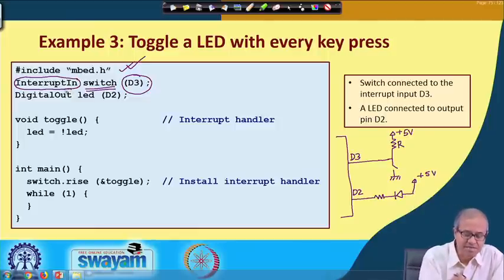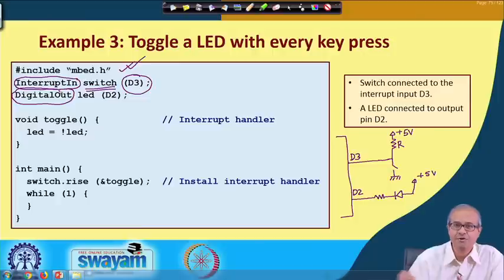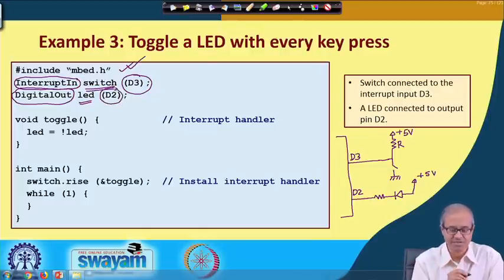There is another object that we use for that, called DigitalOut. For all digital output port lines, we use this object of type DigitalOut, and LED is the name of this connection, and here I have used port number D2. And this is my main function.